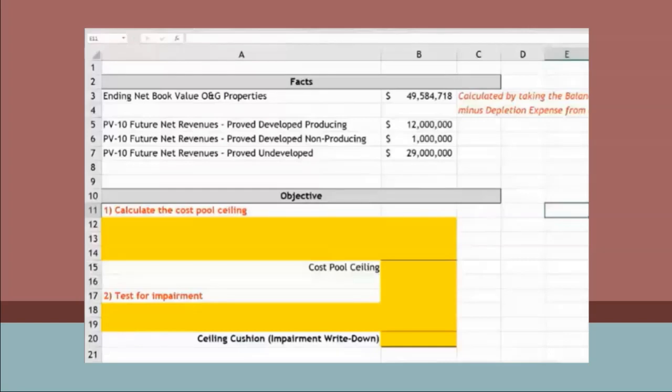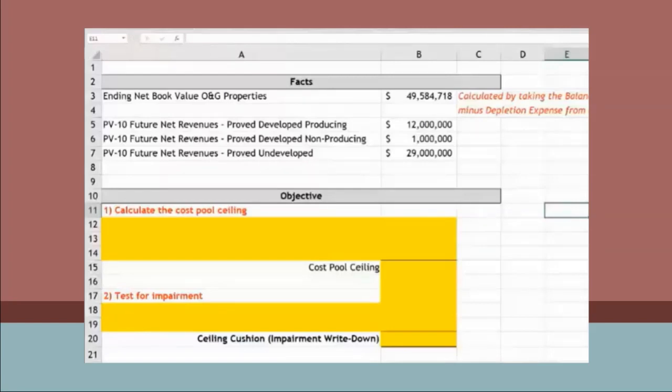Okay, so one thing I want you to note, straight off the bat, ending net book value of oil and gas properties. This is done by considering the depletion that you calculate on tab 1. So watch me here. It's calculated by taking the balance of capitalized costs at the beginning minus the depletion expense that you just calculated.